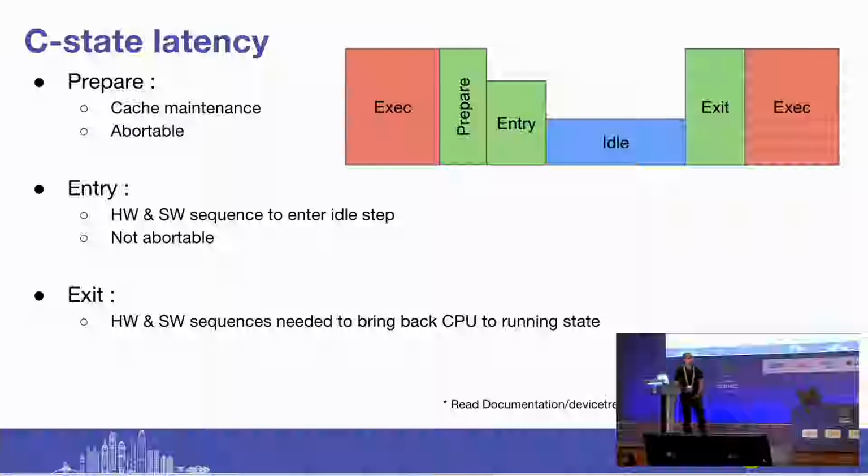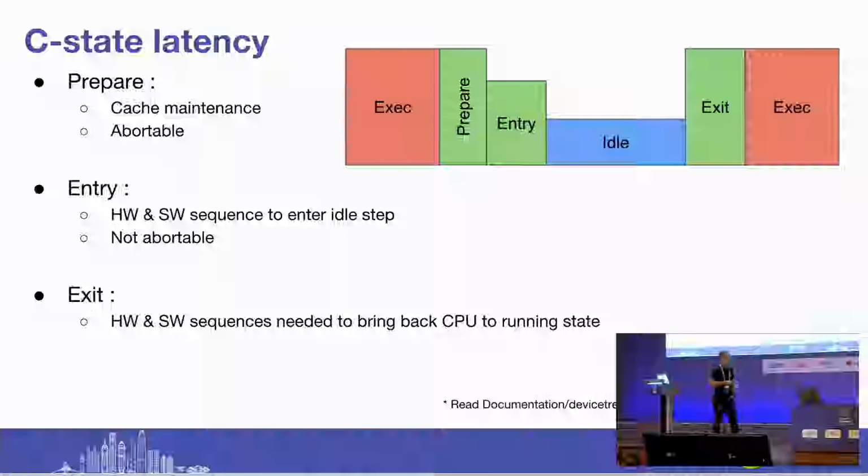The C-state latency is the first step. So how is it defined in the DT binding? We have three values. The C-state latency is split into three main values: the prepare, the entry, and the exit. The prepare can abort, and it's mainly doing maintenance, like cache maintenance, flushing the cache, or everything else that can be done before really entering the hardware state. So it's abortable.